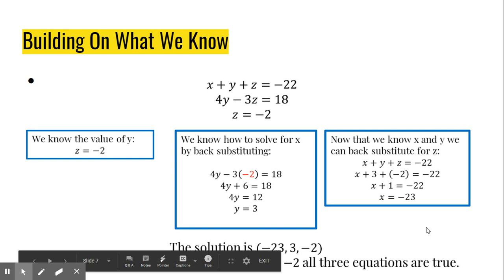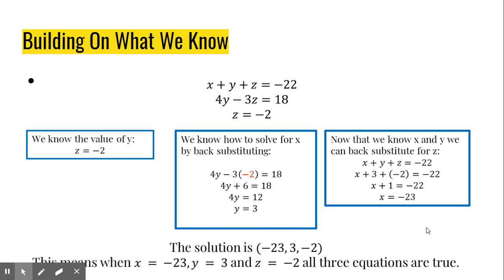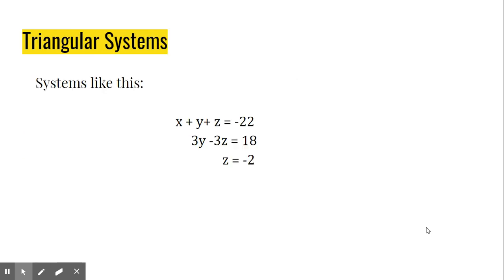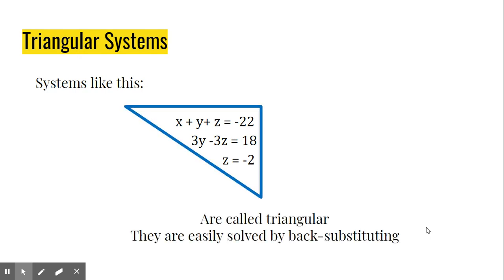This means that when x, y, and z have these values, all three equations are simultaneously true. Systems like this, like the one that I used for this example, are called triangular systems. They are easily solved by back substituting.